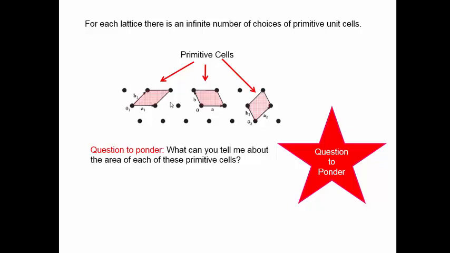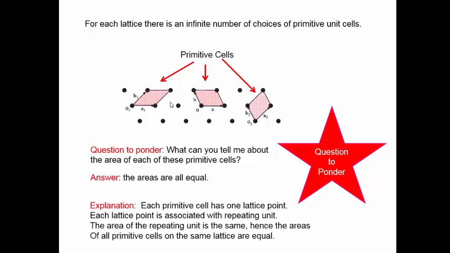You think about that. Well, the areas are all equal. That might surprise you, but if you think about it, each primitive cell has one lattice point. We showed it last time. Each lattice point is associated with the repeating unit. The area of the repeating unit is the same, hence the areas of all the primitive cells are the same and are equal.